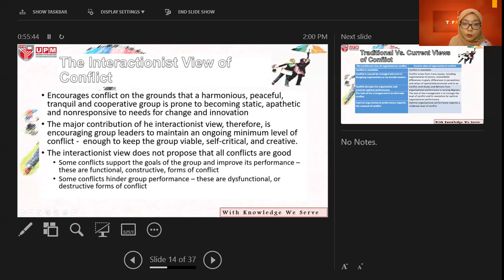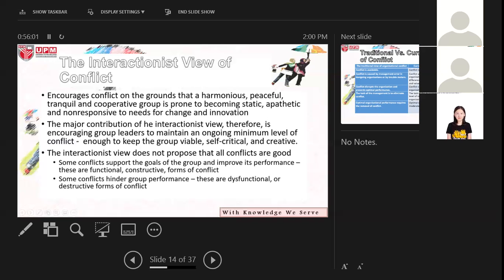The major contribution of the interactionist view, therefore, is encouraging group leaders to maintain an ongoing minimum level of conflict. Because it has been proven by past studies that if you have no conflict at all, it will lead to a static situation.